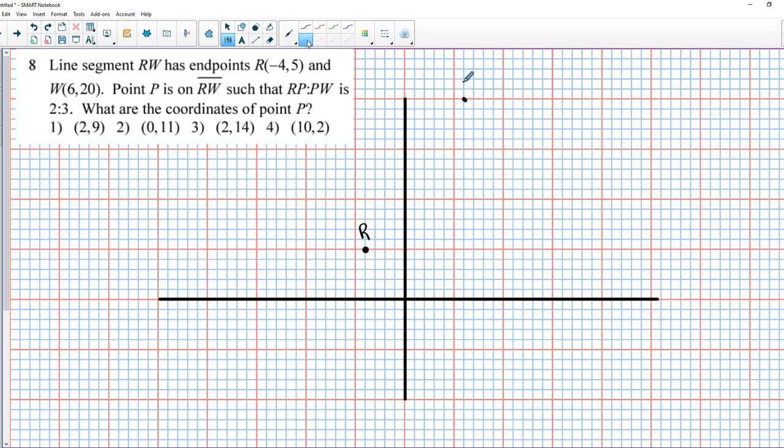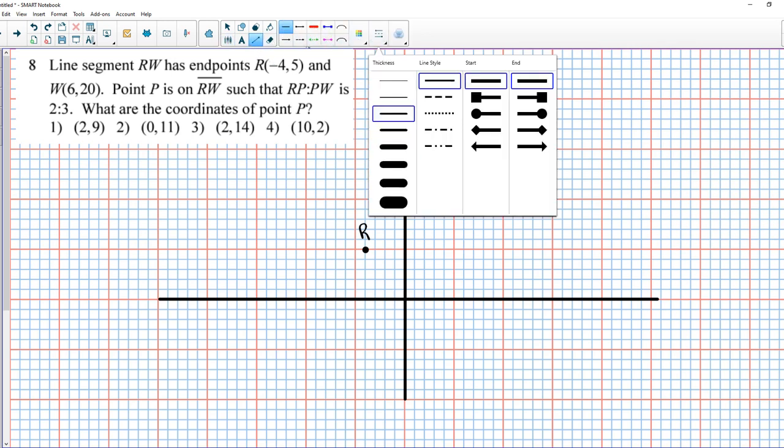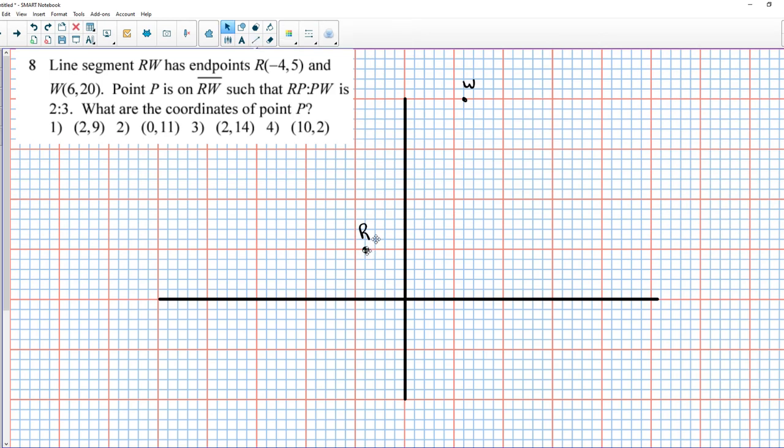And that's my W. I'm going to connect them. Oops, I moved the point. And once again, I'm going to create my right triangle. Okay, there's my right triangle.